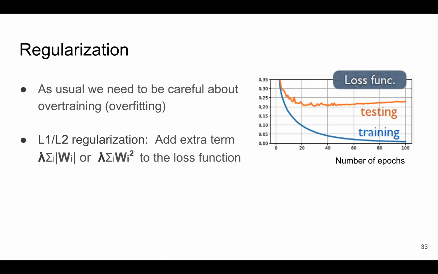We can add an extra term to the loss function that is proportional to the absolute values of the weights, called L1 regularization, or the sum of squares of the weights, named L2 regularization. You can see they are exactly the same things as the lasso and the ridge regressions we've seen before.